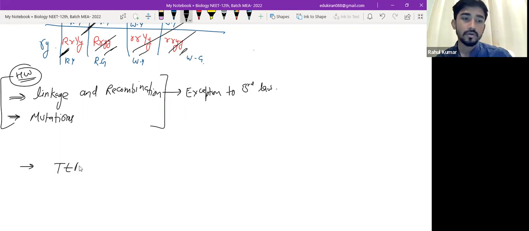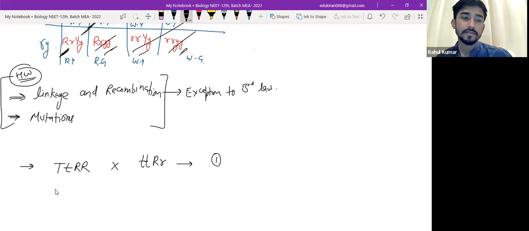Hybrid tall with round cross to homozygous short with hybrid round. Okay, I want a dihybrid cross, the genotypic and phenotypic ratio for all these, in the next class.